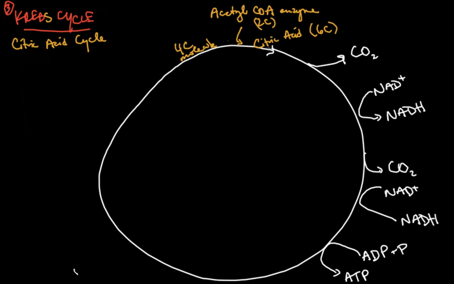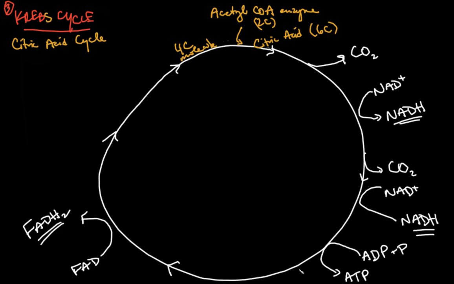But then we also have FAD, which gets reduced to FADH2. Remember, FADH2 is going to make a proton gradient as well in the electron transport chain, just like this NADH and this NADH. Okay? I drew this a little bigger than it needed to be, but this is going in a clockwise cycle around, and that's the end of that pathway.